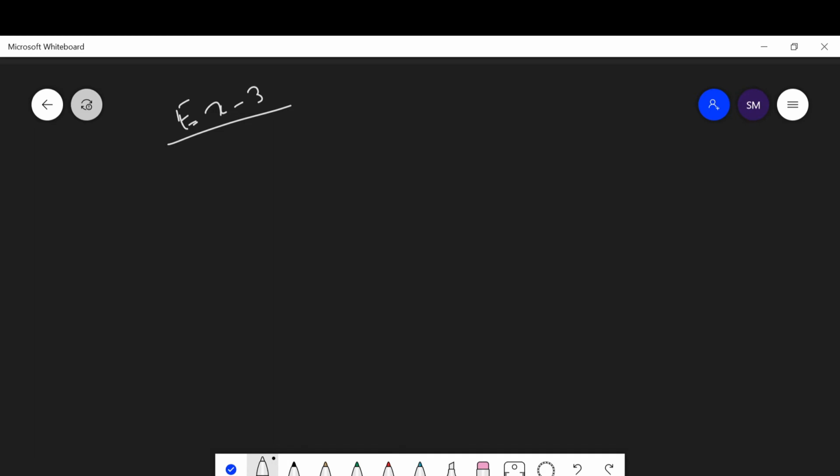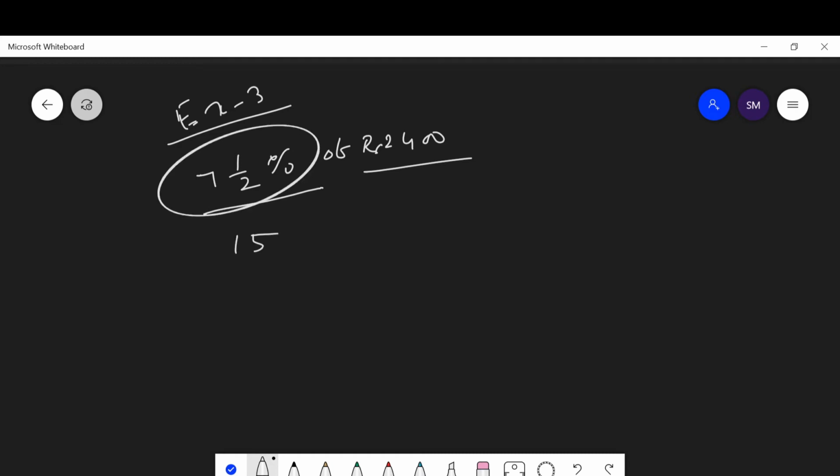Here the question says, find the 7 whole 1 upon 2% of rupees 2400. Then this is 15 upon 2% of rupees 2400.